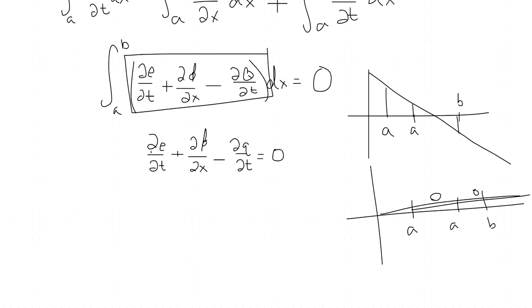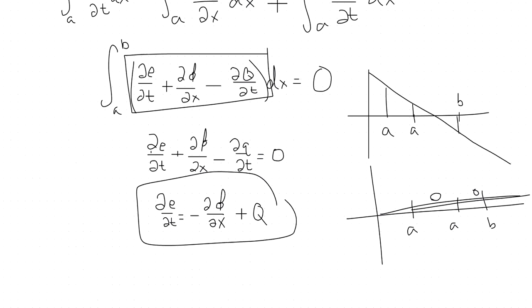And if I just manipulate the terms a little bit more, partial E over partial T is equal to minus partial phi over partial X plus Q. This is the equation we started with way before, and we can then plug in the equations we created for E and for phi to get it in terms of temperature. And so this is the second way, using integrals, to derive the heat equation.